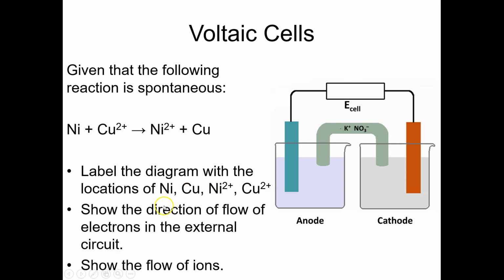Once you've done that, show the direction of the flow of electrons in the wire, the external circuit that is presented here, and then show the flow of ions both within the anode and cathode compartments and out of the salt bridge. So you can, if you want, just take a minute to pause this, think about what the answer might be, and then turn it back on.